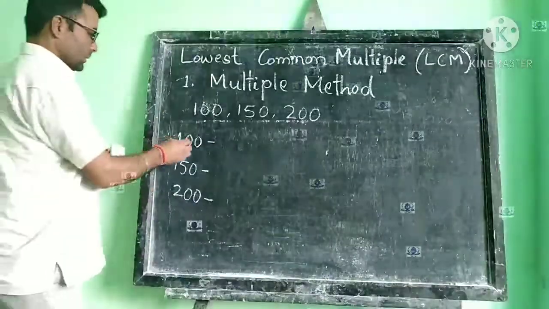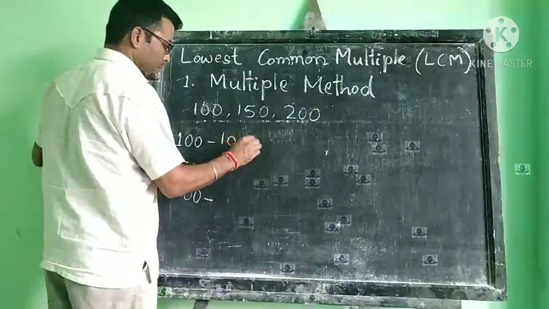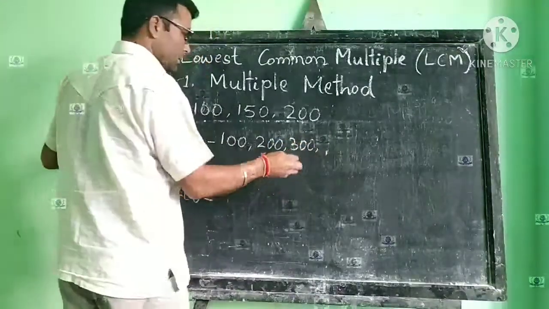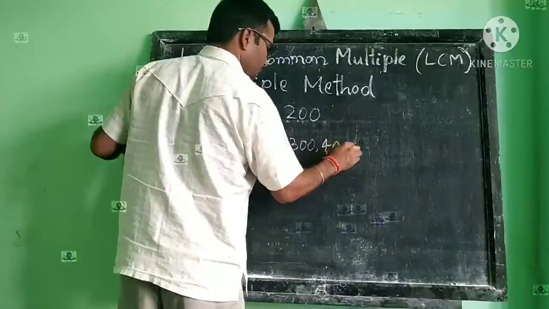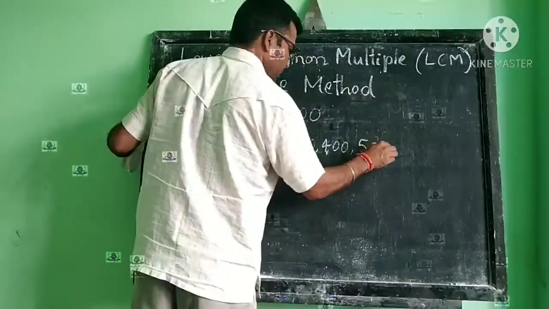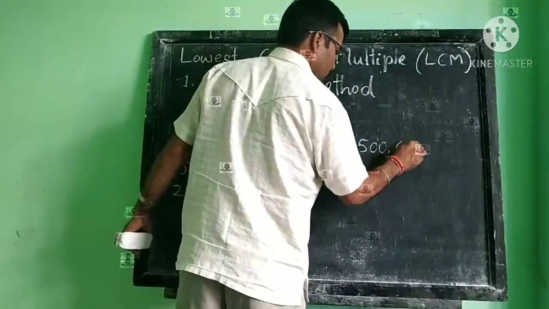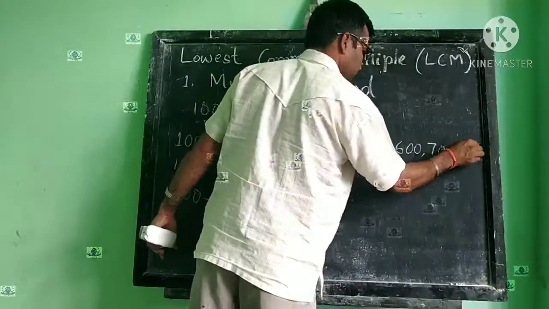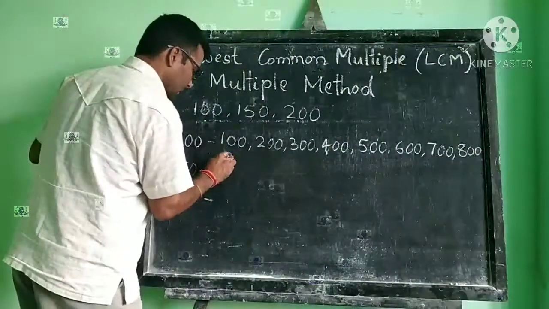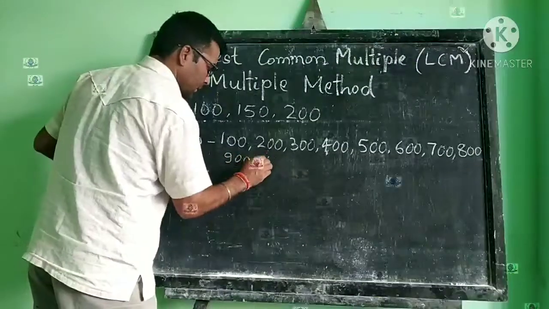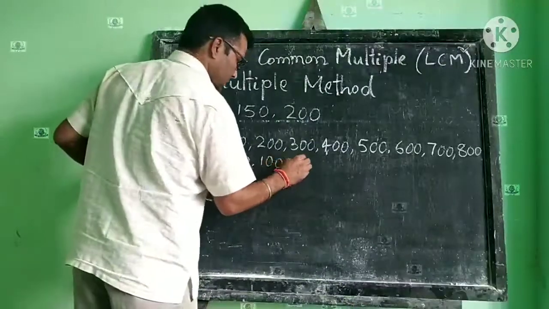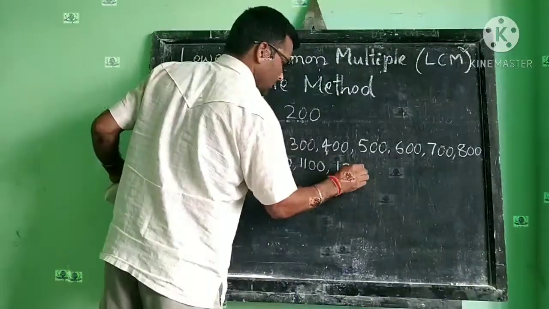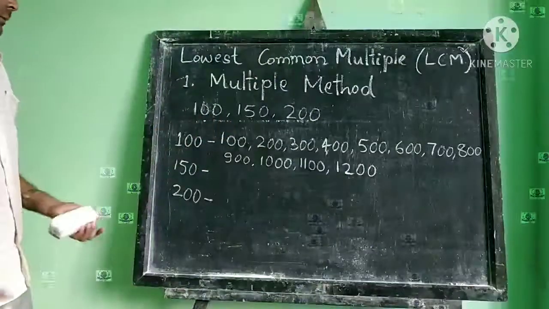In this way we have to find. 100 threes are 300, 100 fours are 400, 100 fives are 500, 100 sixes are 600, 100 sevens are 700, 100 eights are 800, 100 nines are 900, 100 tens are 1000, 100 elevens are 1100, and 100 twelves are 1200. Let us take up to 12 only first.